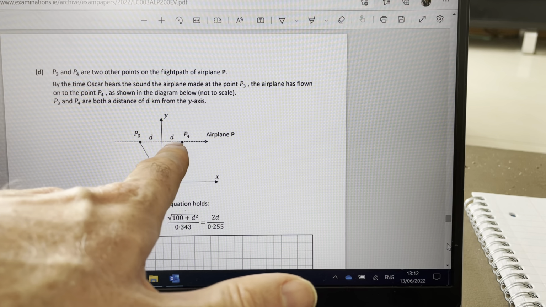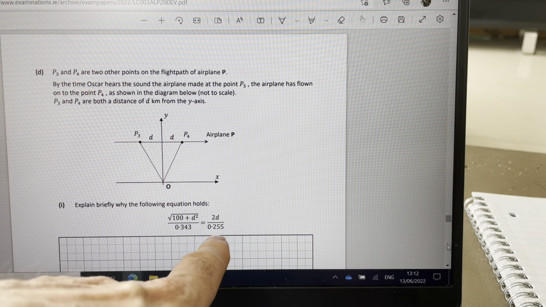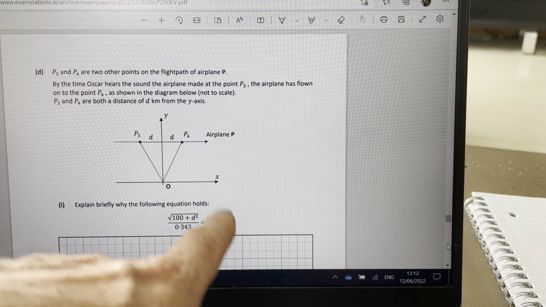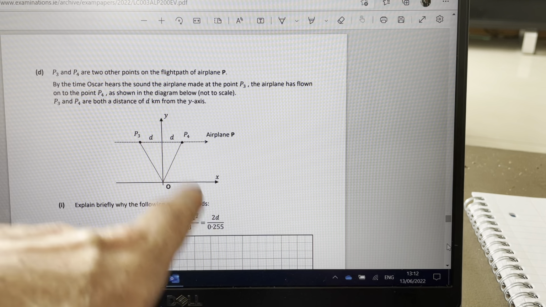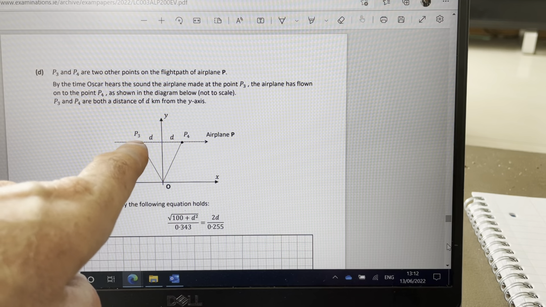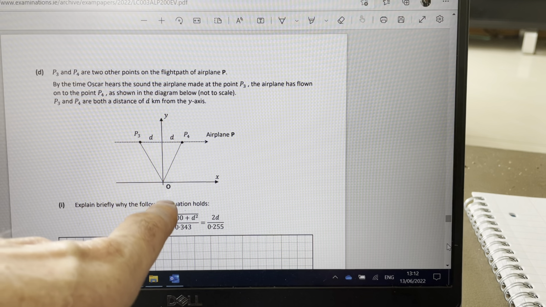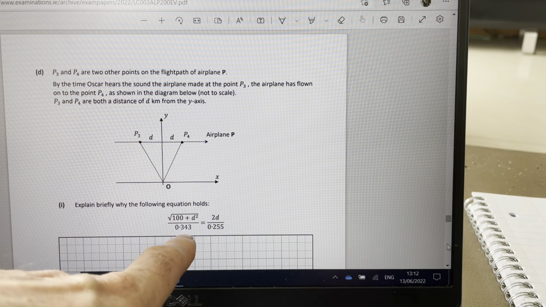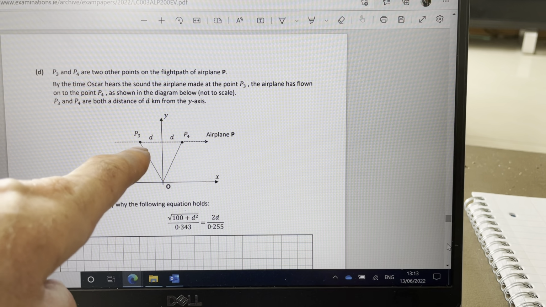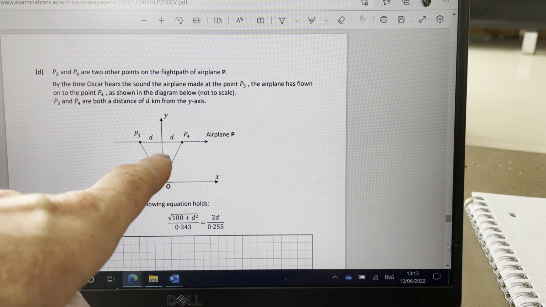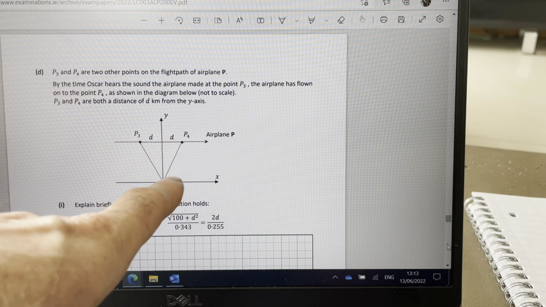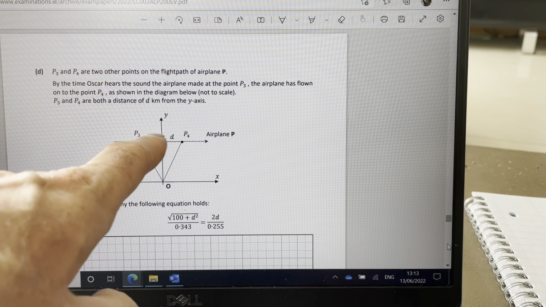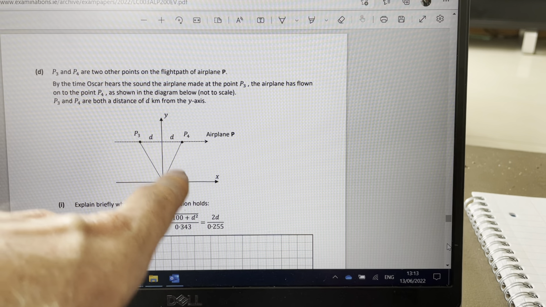So the distance is 2d over the speed of the plane, which is 255. And the time for the sound is equal to that distance over the speed of sound, which is 343. The distance is equal to, it's Pythagoras, the square root of d squared plus 100 squared.